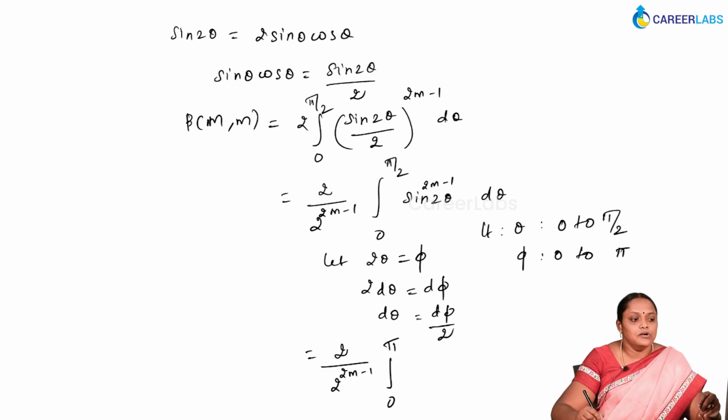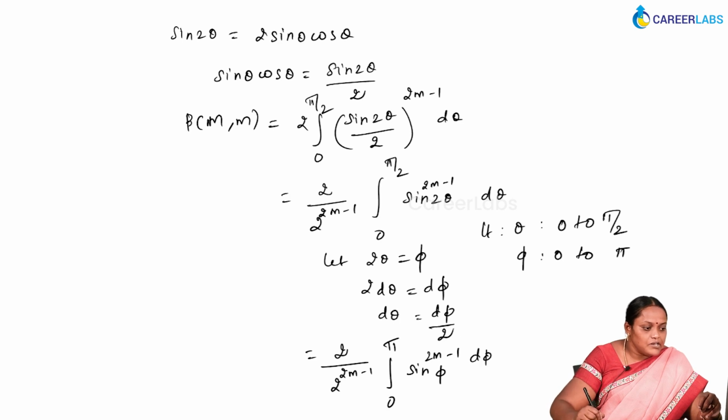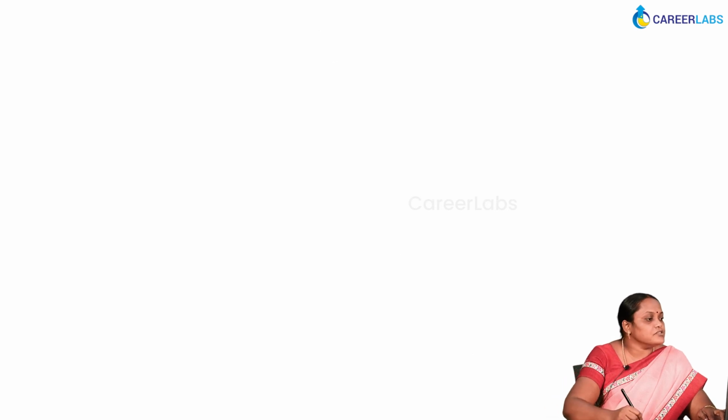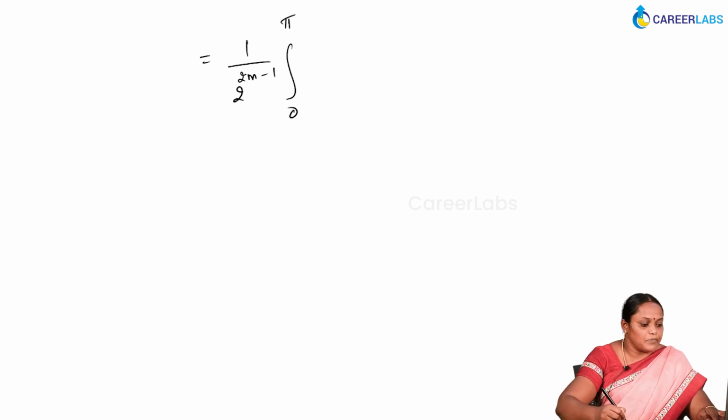Instead of pi by 2, it is 0 to pi sin to the power 2m minus 1. 2 theta is nothing but phi, d theta is nothing but d phi divided by 2, so you can cancel out the 2. Therefore, this will be equivalent to 1 by 2 to the power 2m minus 1 integral 0 to pi sine to the power 2m minus 1 phi d phi.